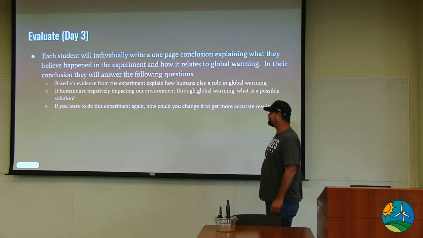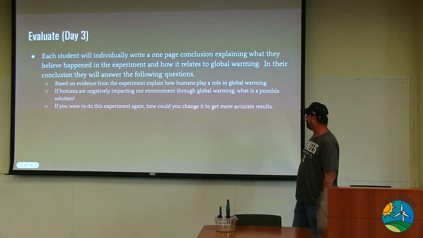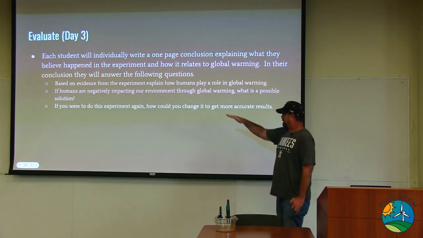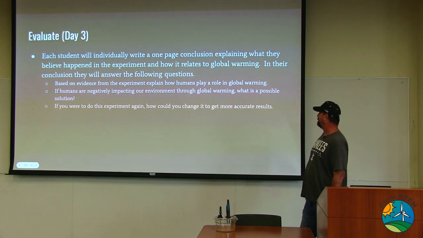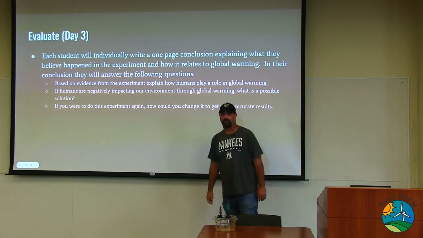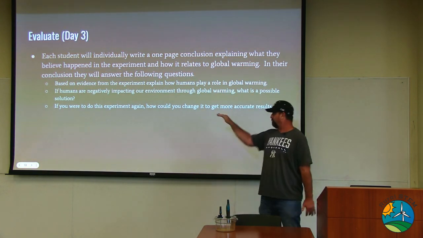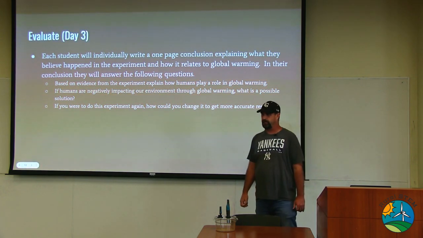So, based on evidence from the experiment, explain how humans play a role in global warming. If humans are negatively impacting our environment through global warming, what is a possible solution? And then I have this question in almost every experiment I do. If we were to do it again, how would you change it for more accurate results?